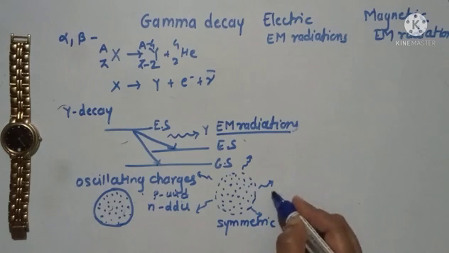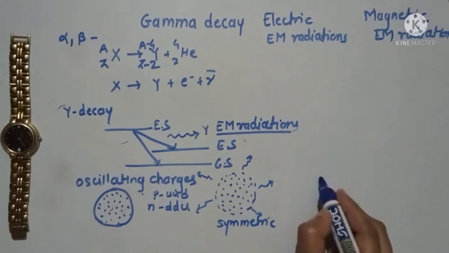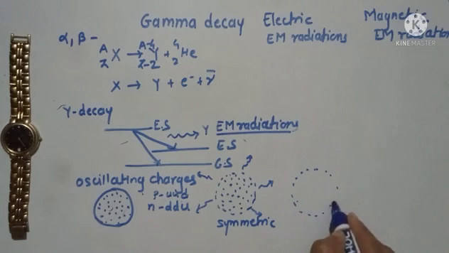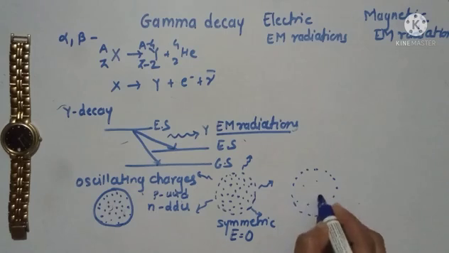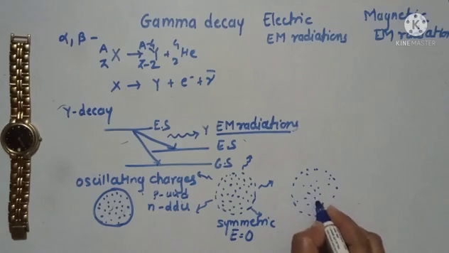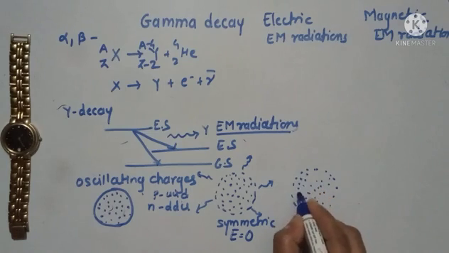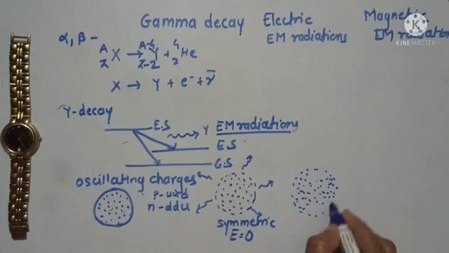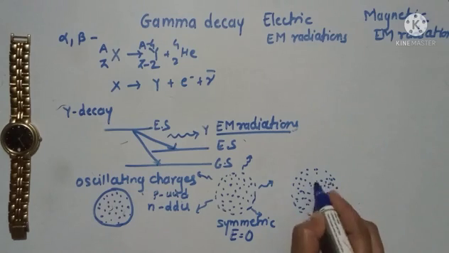From the nuclear shell model, we have seen that the charge distribution of the nucleons inside the nucleus is not symmetric, so it may have some dipole moment. The nuclear charge distribution may be not symmetric, with more charge in some area and less in the remaining area.